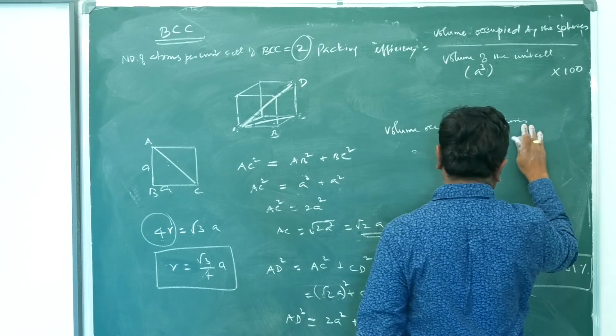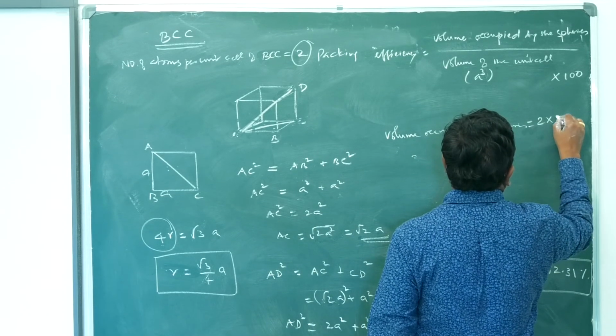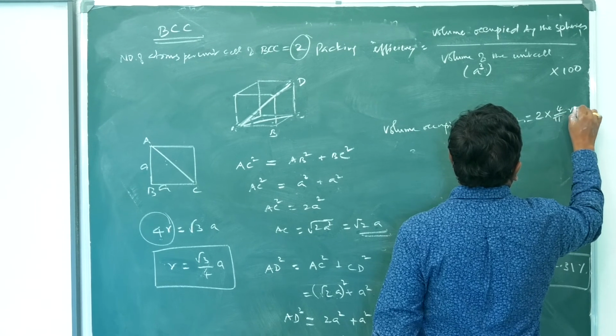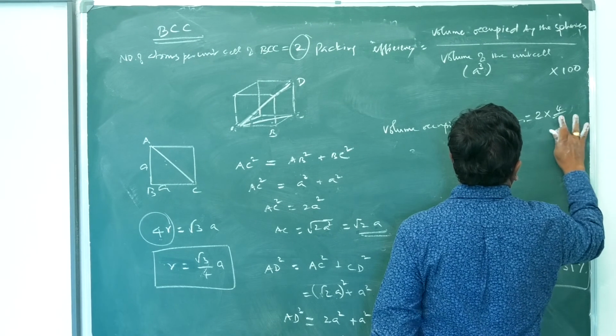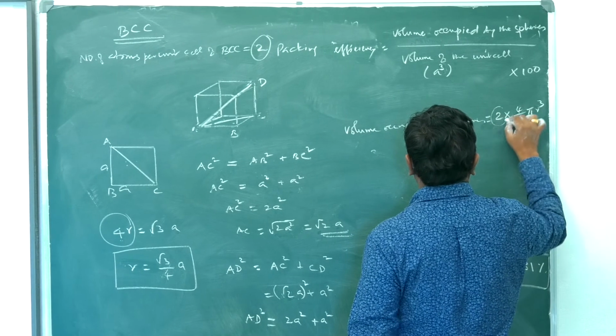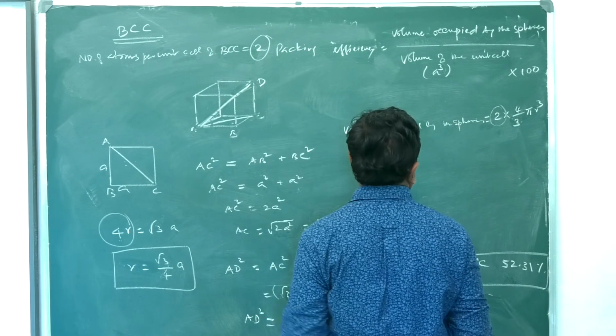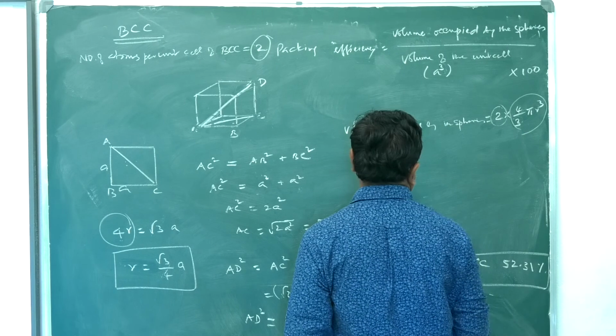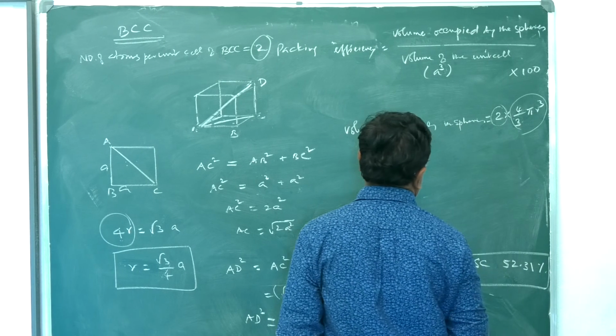So 2 into 4 by 3 pi r cube. That is the number of atoms n into the volume of each sphere, 4 by 3 pi r cube.